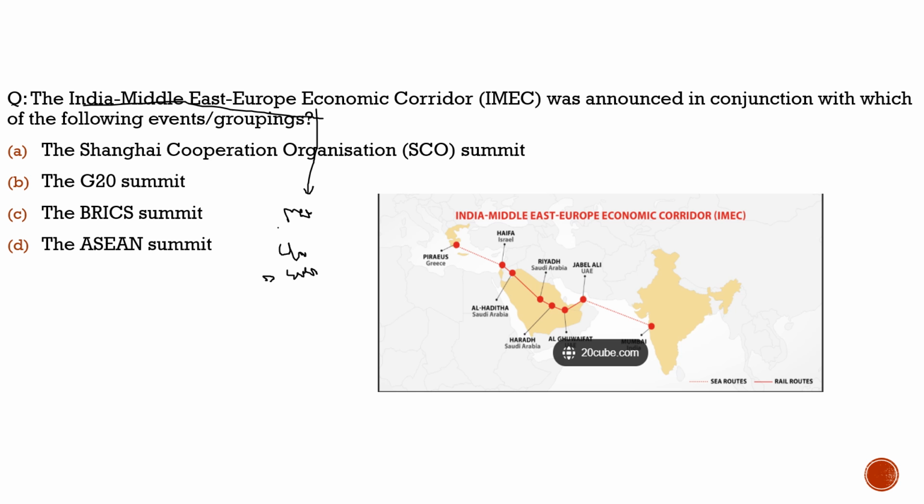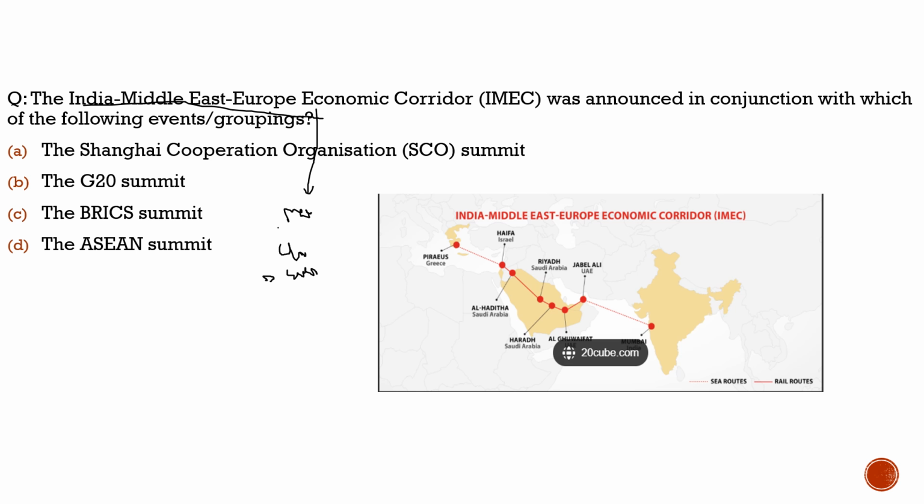So why we brought this article is because the author suggests that it should be America's priority now, as various entities are involved in this corridor. For example, it would start from Mumbai, then Jebel Ali in UAE, then Al Ghuwaifat, then in Saudi Arabia Haradh, then Riyadh, then Al Haditha in Saudi, Haifa in Israel, and Piraeus in Greece.